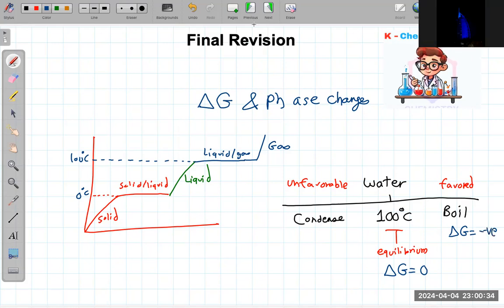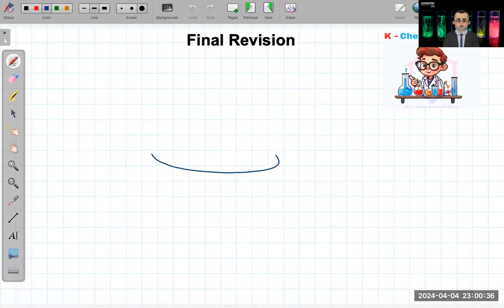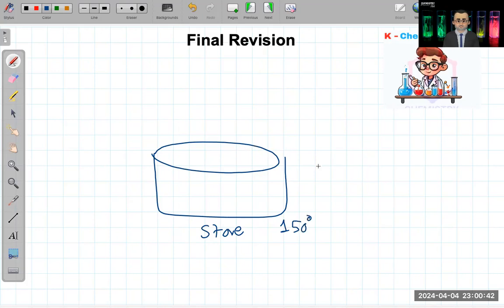There is no chance that you boil some water on the stove, raise the temperature to 150, leave it for a while, and then ask yourself, did it boil or did it condense?